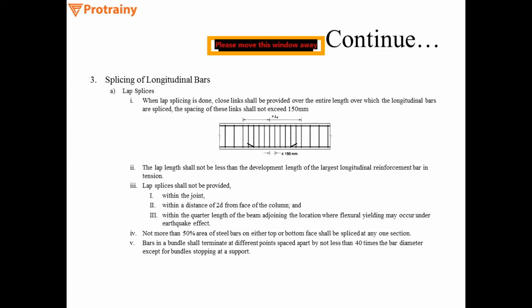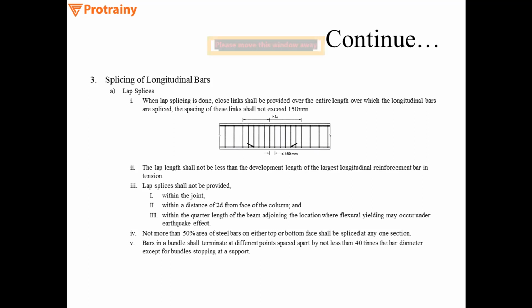If you are splicing 50% area of steel at one part, the other 50% can be spliced at another section, apart from the three points I have discussed earlier.